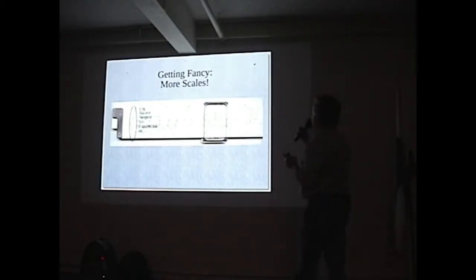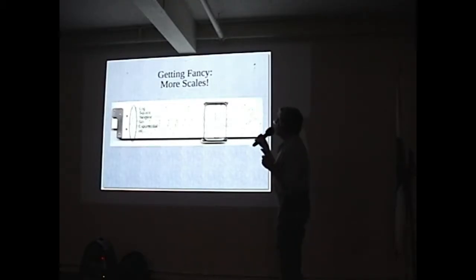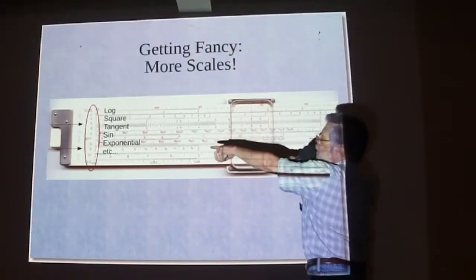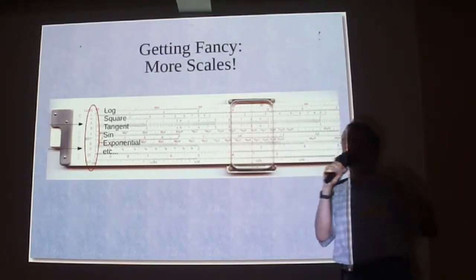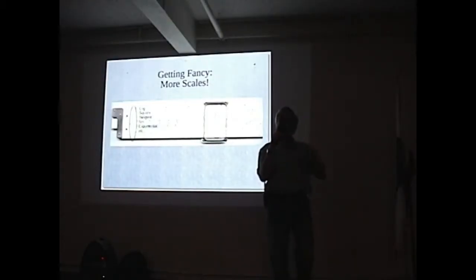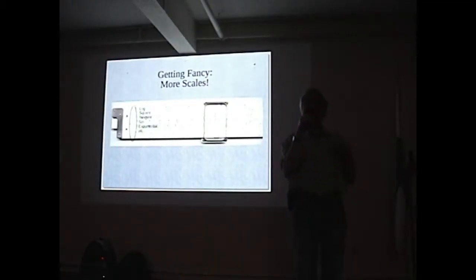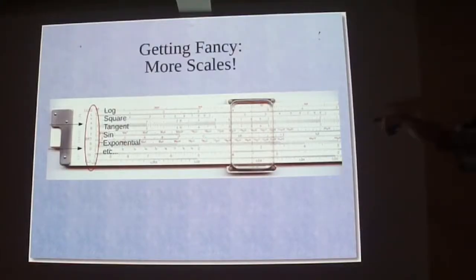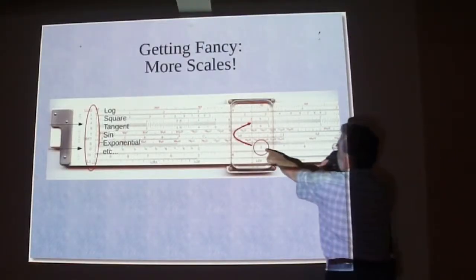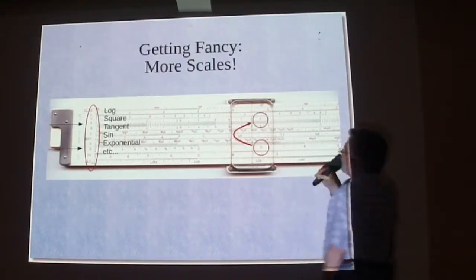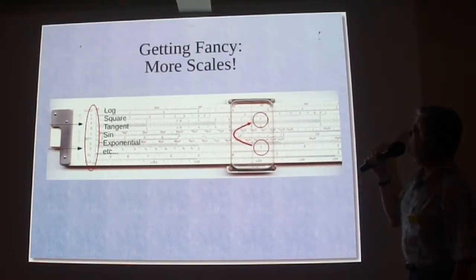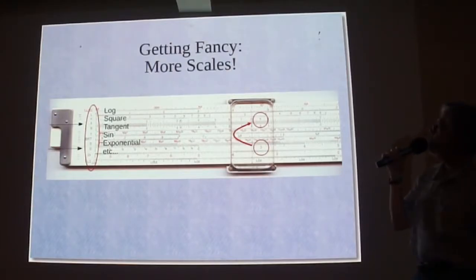You see, with these scales, you can do funny things. You've got the D scale and the A scale. The A scale is the D scale twice. When you multiply something by itself, you're squaring it, right? So you can take 3 and look up here, you get 9. 3 squared is 9.